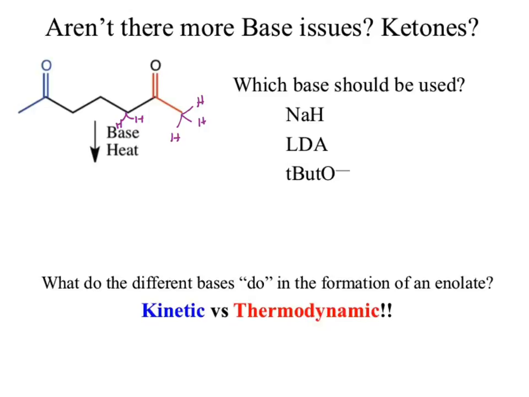What happened if we used a stupidly strong base? We eliminated to form the kinetic product, which means where's our nucleophile? Okay, we have our kinetic enolate versus our thermodynamic enolate.